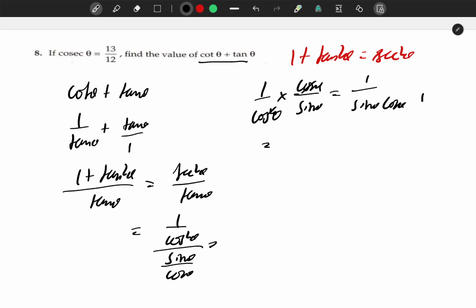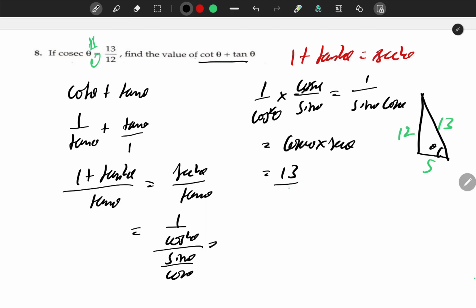So let us take a right angle triangle with angle theta. Cosecant means hypotenuse by opposite. Hypotenuse is 13, opposite is 12. By Pythagorean triplets we can take the base as 5. So 1 by sin theta into cos theta is cosecant into secant.